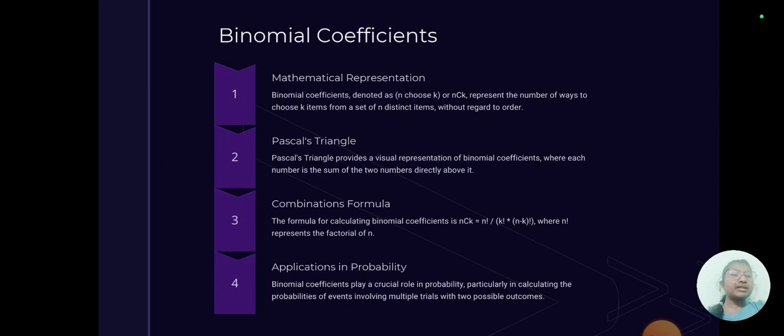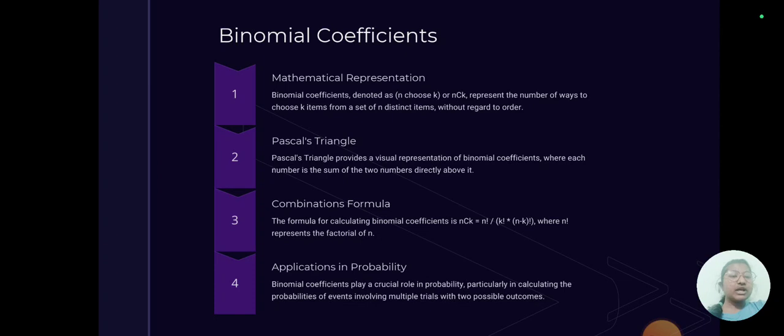Next we'll see about binomial coefficients. Mathematical representation: the binomial coefficient is denoted as n choose k, or nCk, and represents the number of ways to choose k items from a set of n distinct items without regard to order.